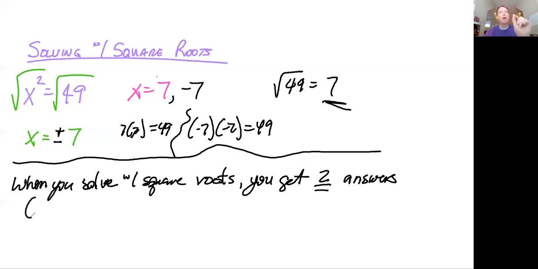And it's not so much that the final answer is necessarily going to be the plus or minus, but at some point you'll be doing plus or minus the square root. So we're going to be looking now at opportunities for us to use this method of solving by taking a square root and then taking plus or minus the square root.